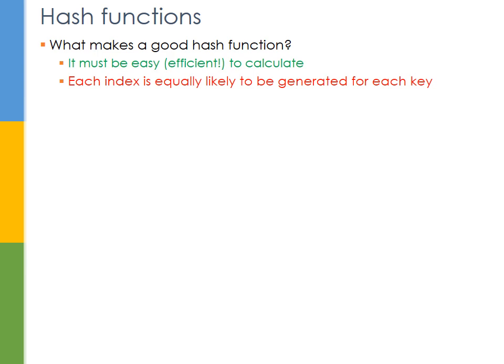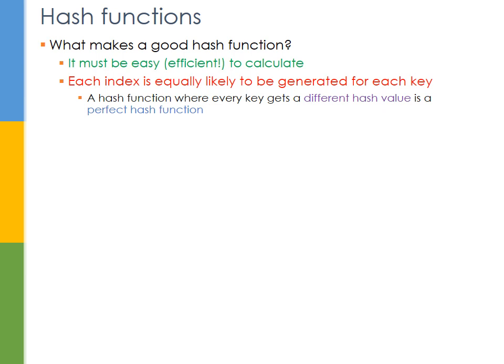So if you have a table with a range of indices from 0 to 100, then any single index in that range between 0 and 100 should be generated with the same probability. So we do not want a hash function that constantly only outputs a 10 for all the various keys and never goes beyond that. We basically want as evenly distributed indices as possible. And I'm sure you see why. This is just to avoid collisions.